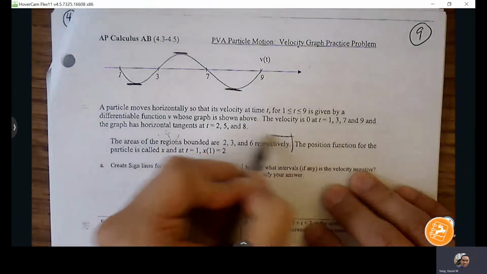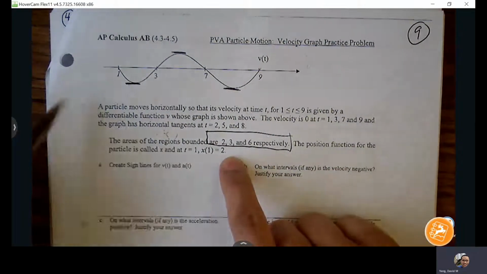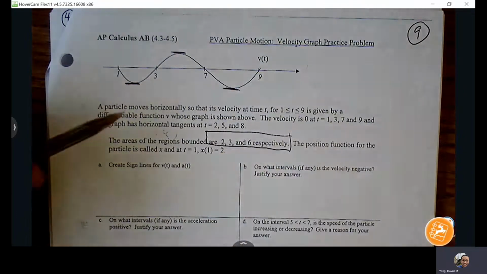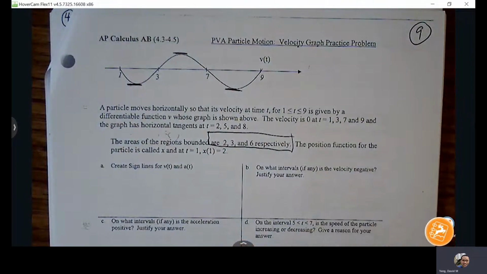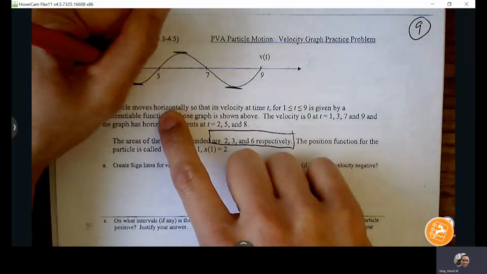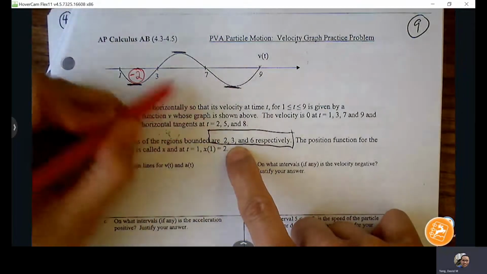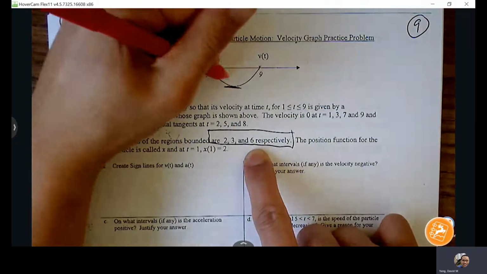So these are the areas within those shaded regions here. But then in terms of displacement, we know that below means negative, right? So we know that in that region, displacement is going to be -2. Next, between 3 and 7 is a +3, and then 6, -6.